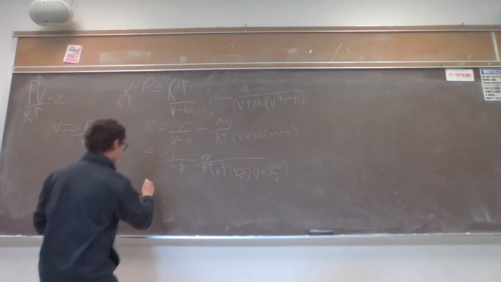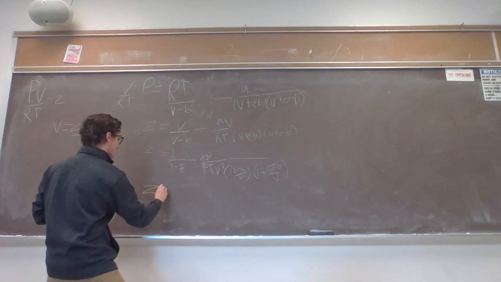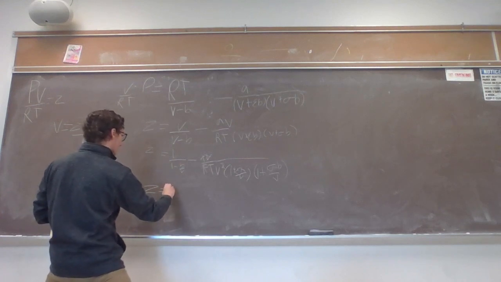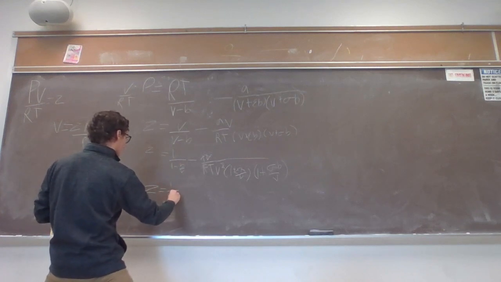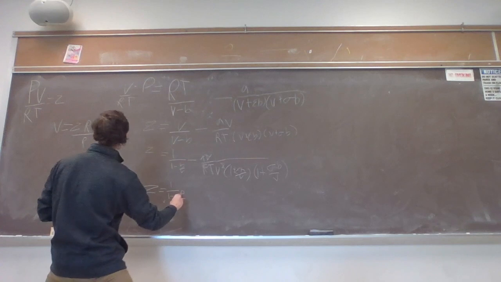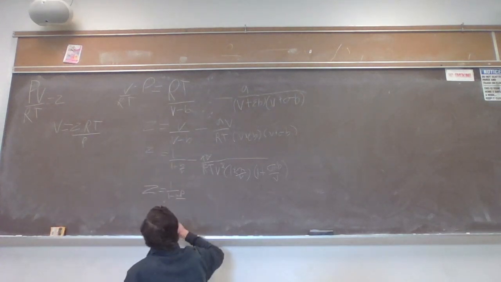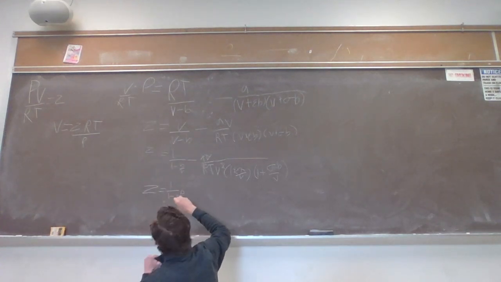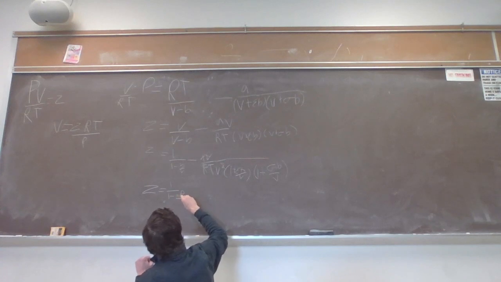So we have Z equals 1 over 1 minus bP over ZRT.